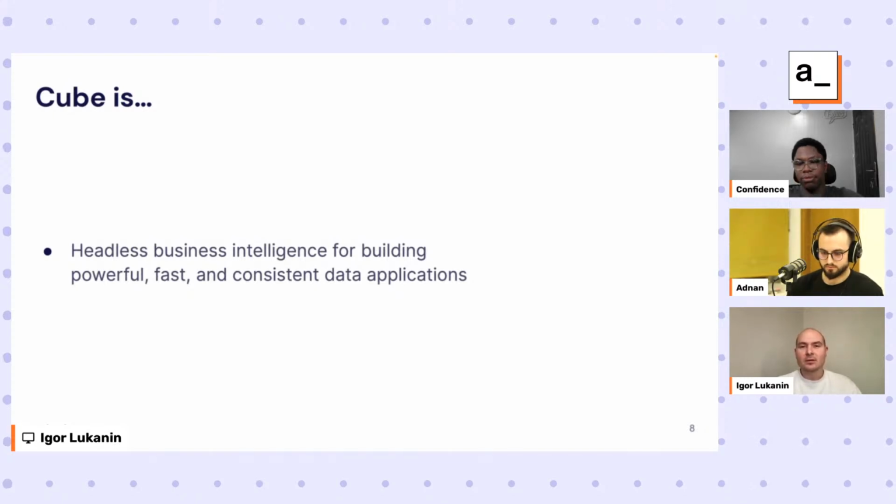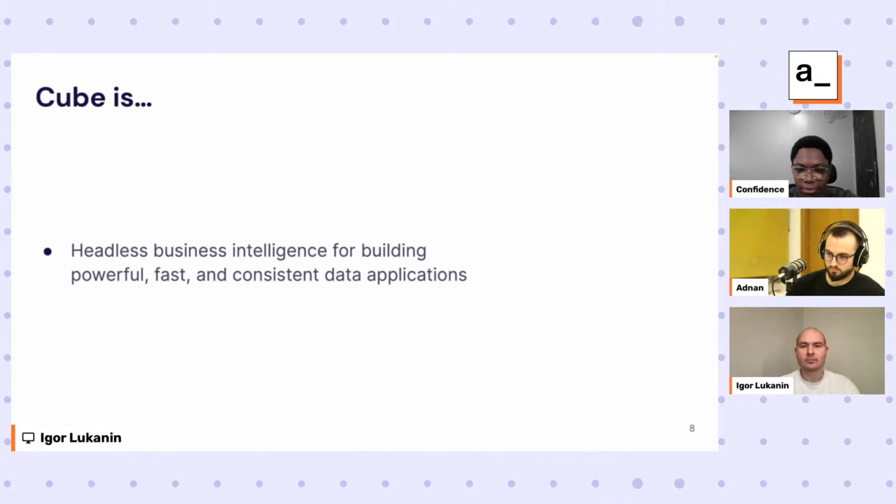Headless here means that Cube can provide you data, but it doesn't care how it will be visualized down the road. So you can obviously use Appsmith to build a front end on top of Cube. Other ways of consuming data from Cube are also available, like doing an HTTP query through the REST API, or even using the SQL API on top of Cube.